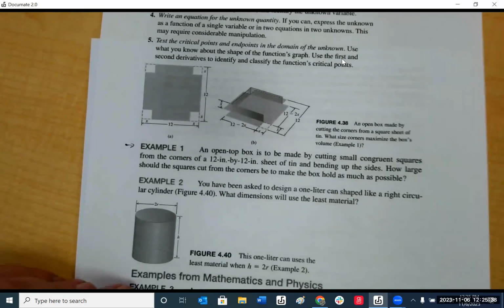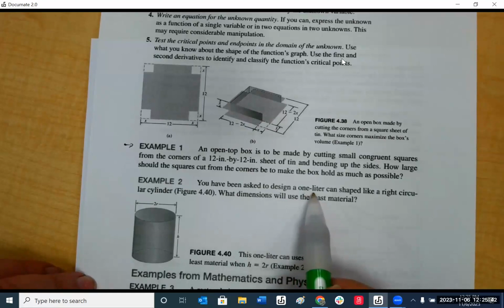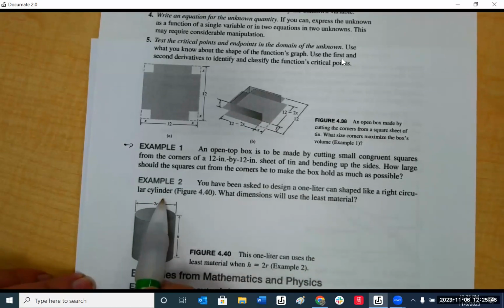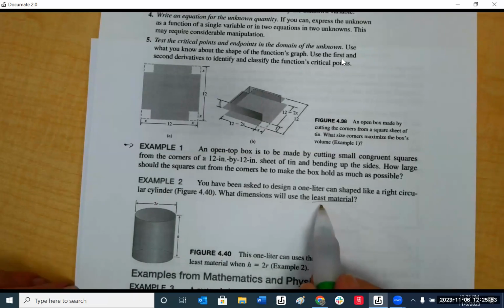Okay, now we have another application problem. You've been asked to design a 1 liter can shaped like a right circular cylinder. What dimensions will use the least material? So now we're looking for a minimum.